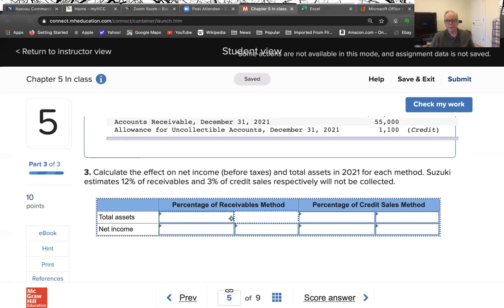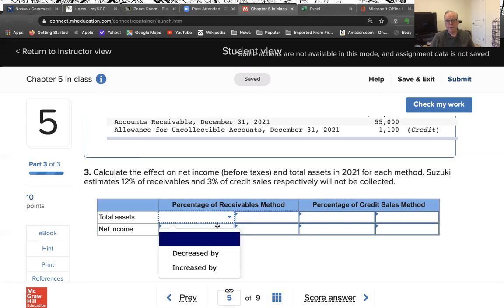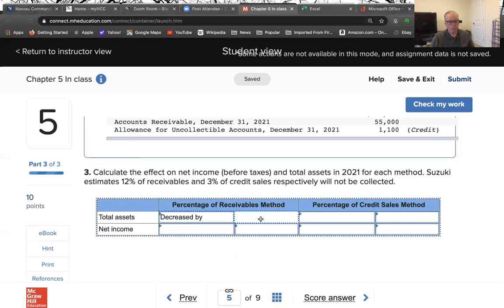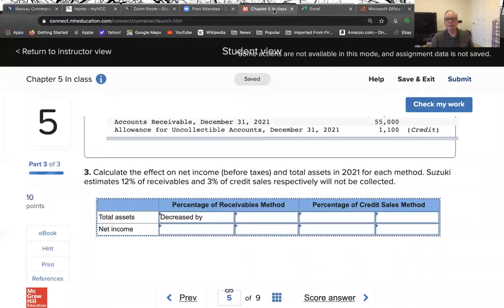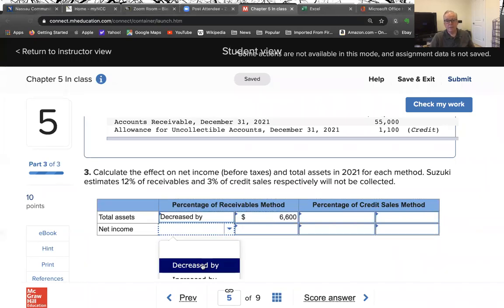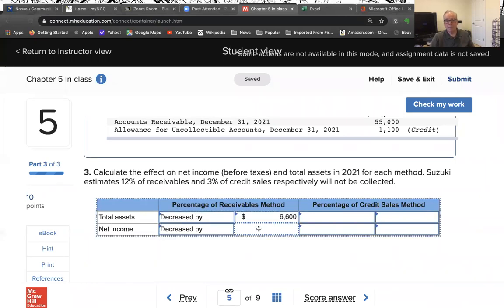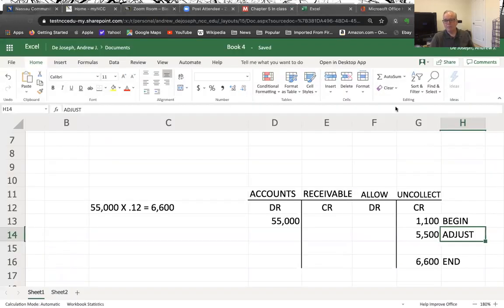Percentage of receivables. Total assets are decreased by, what was the number in the account? Go back. 6,600, right? Let's see if that's what they wanted. And net income is decreased by, what was the debit to bad debt expense here? 5,500.